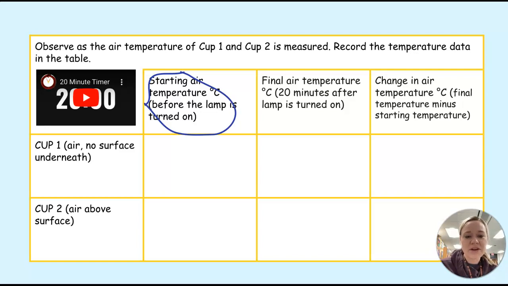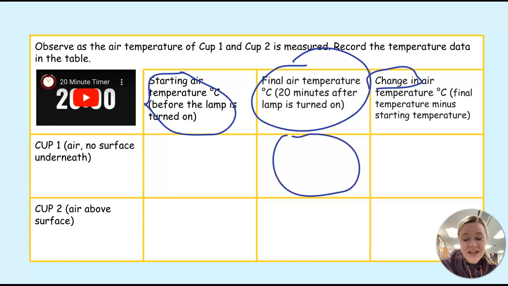So nothing under the surface, and then air and then the surface. Then we're going to measure after 20 minutes. We're going to take our final temperature and we're going to put that number here and here. And then we're going to find the change or the difference. And to do that, we're going to take this number here and we're going to subtract it from this number here, and that's going to be our difference.